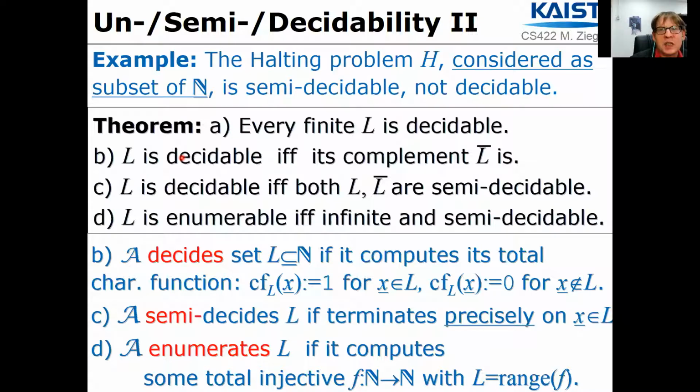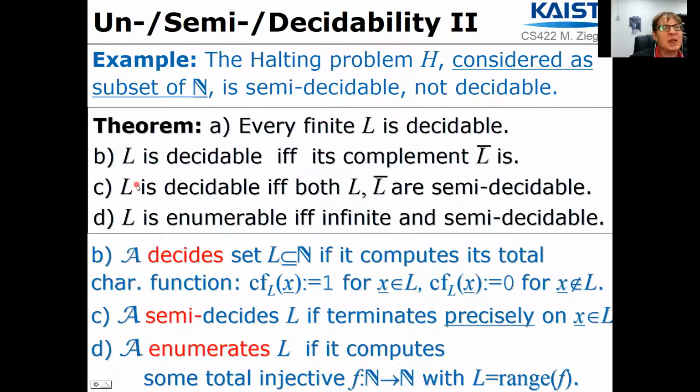Because the converse direction, if L complement is decidable, then also L is decidable, just follows from a simple Boolean argument. Because if the complement is semi-decidable, then since item B applies to everything, that means also that the double complement is semi-decidable, but we know that the double complement is just the original set. So that problem went away easily.